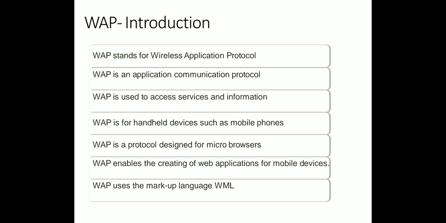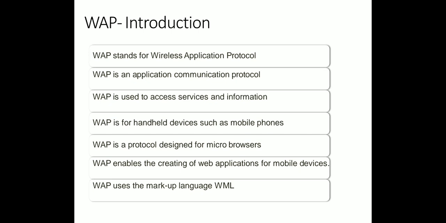Thus, WAP links the wireless network with the computer network, that is, the World Wide Web, and enables mobile users to access internet data. So the basic concept is using the internet on your mobile or any wireless device.